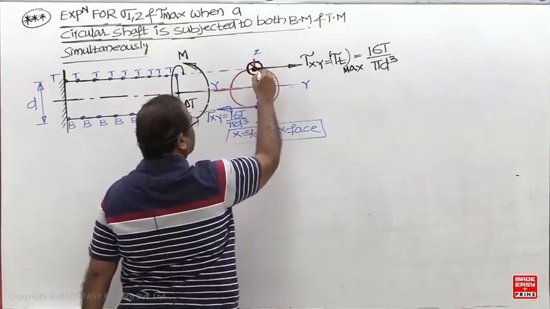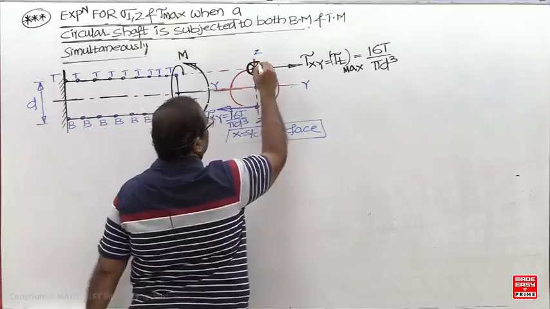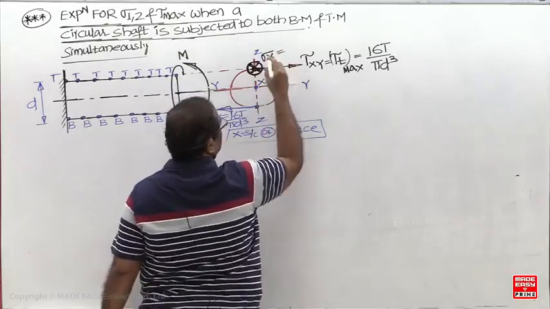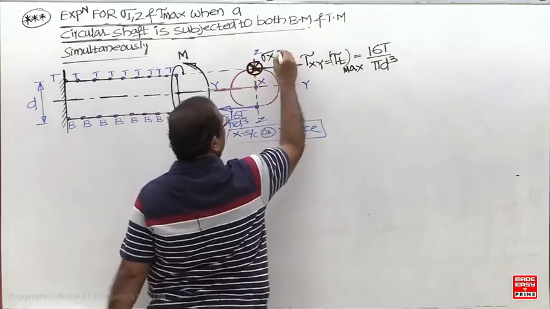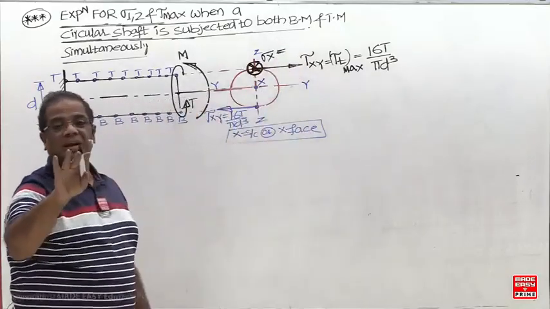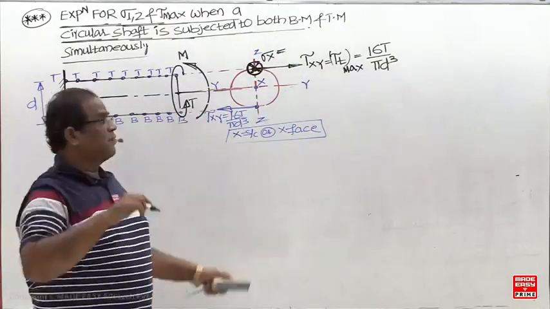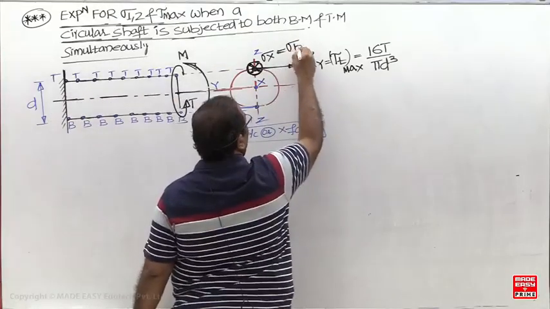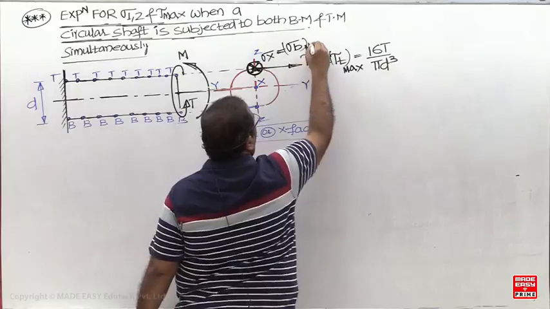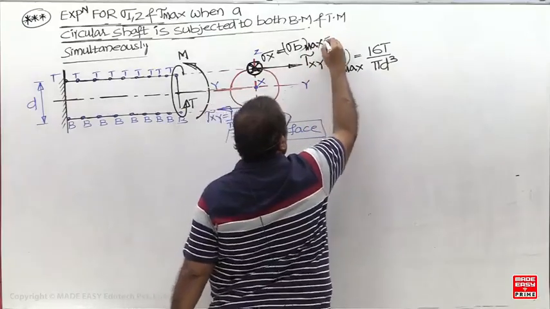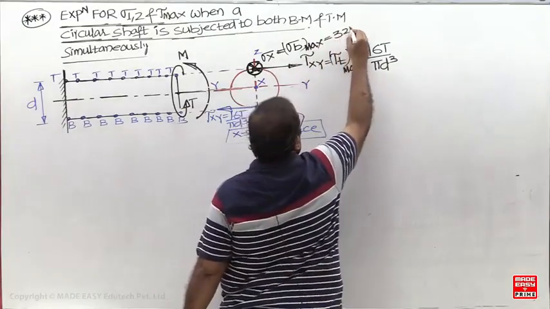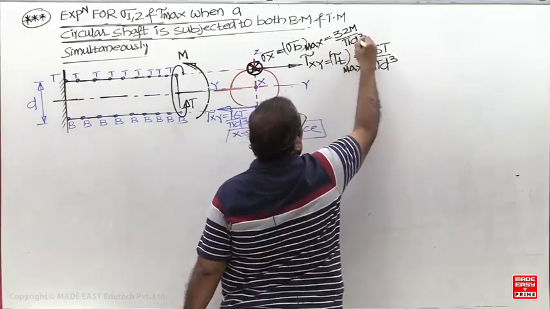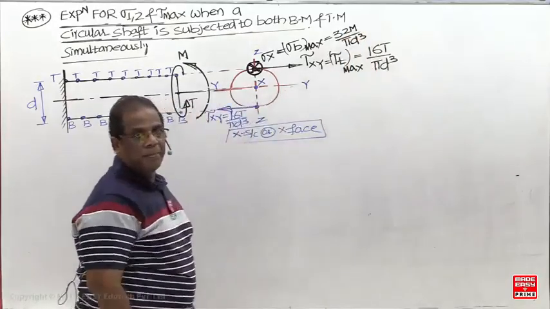The bending stress is compressive. Compressive means cross mark. This is sigma x, perpendicular. The axial and bending stresses are in the direction of the polar axis x. So it is sigma B max, 32 m by pi cube.